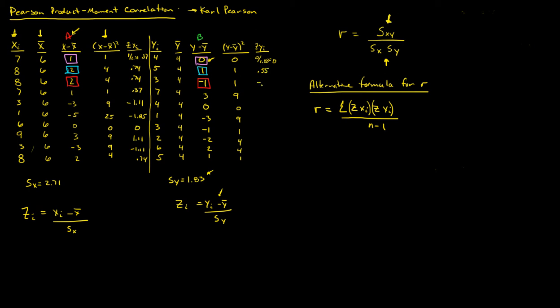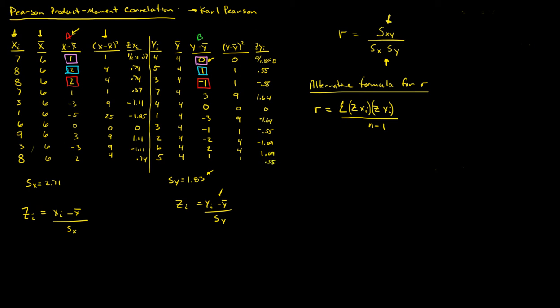Keep going: negative 0.55, 1.64, 0, negative 1.64, negative 0.55, negative 1.09, positive 1.09, and 0.55.